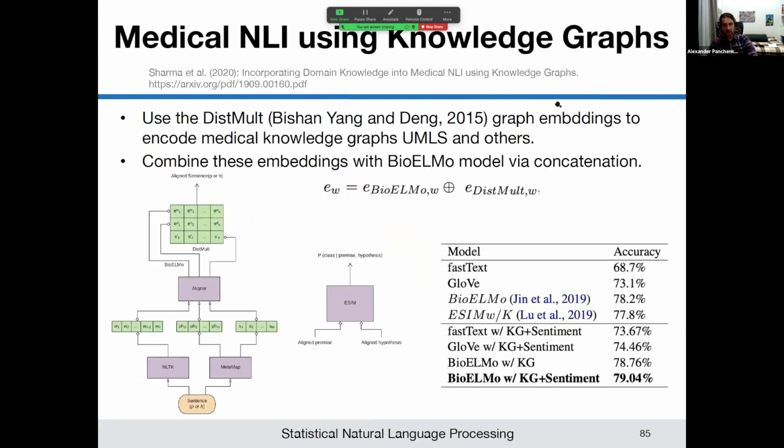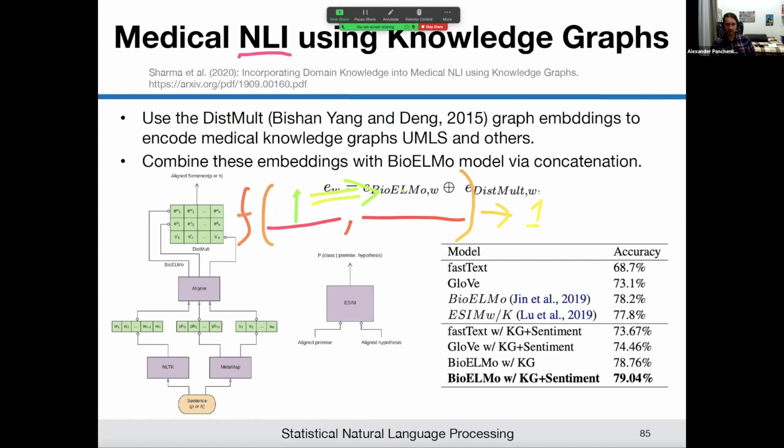All right. Another application is to use these node embeddings for natural language inference tasks. This is a task where you have a couple of sentences, and you have some function with sentence 1 and sentence 2, and you predict whether it is logical to say that the second sentence follows from the first sentence.